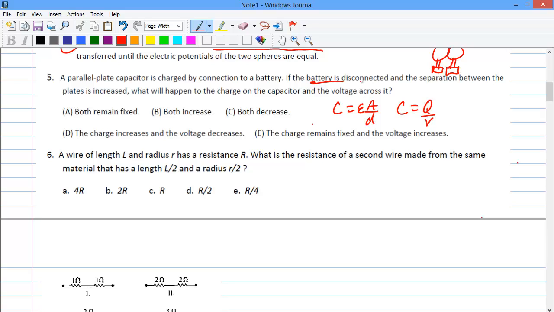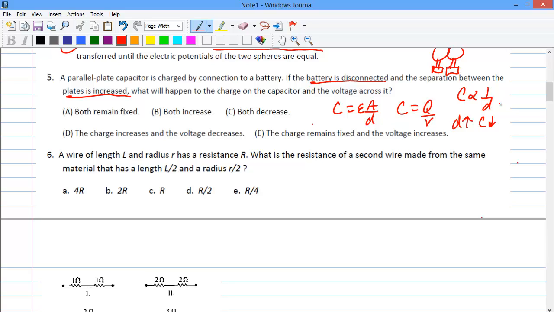So the battery is disconnected and we see that the separation of the plates is increased. So C is inversely proportional to d. So that means if I increase the distance, then the capacitance is going to decrease. So what will happen to the charge on the capacitor and the voltage across it?